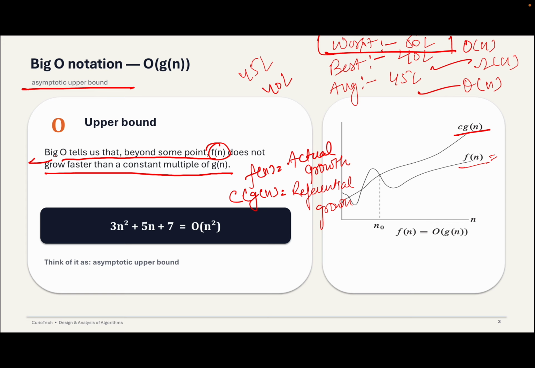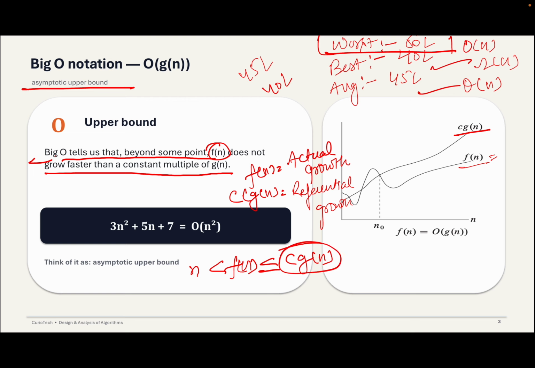This tells you that f(n) is less than or equal to c·g(n), that means f(n) will not go beyond c·g(n). This algorithm will not grow faster than the asymptotic bound that we have given.